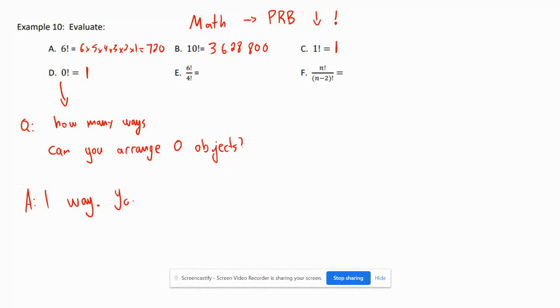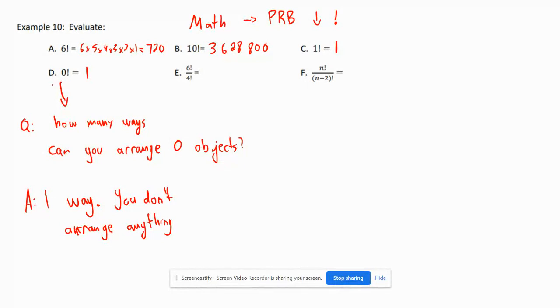You don't arrange anything. Now guys, this explanation is not perfect. I know some of you are going to be scratching your heads on this one, but this is the best explanation to kind of give for this, but it's more than this. Algebraically, we need this to equal something.